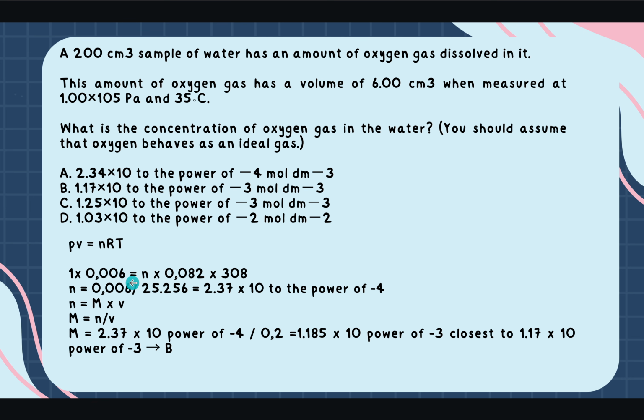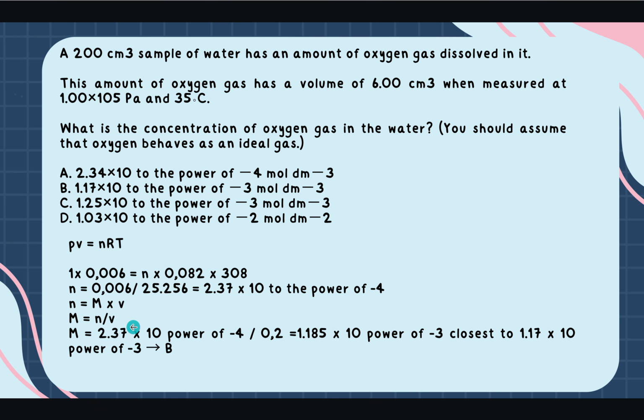Then n is what we're about to find, and this is the ideal gas constant times 308, which is 35 degrees Celsius converted to Kelvin. Then the mole is 0.006 divided by 25.256, which equals 2.37 times 10 to the power of minus 4.